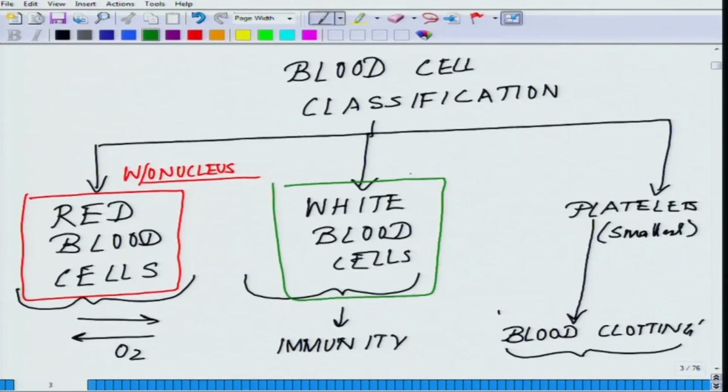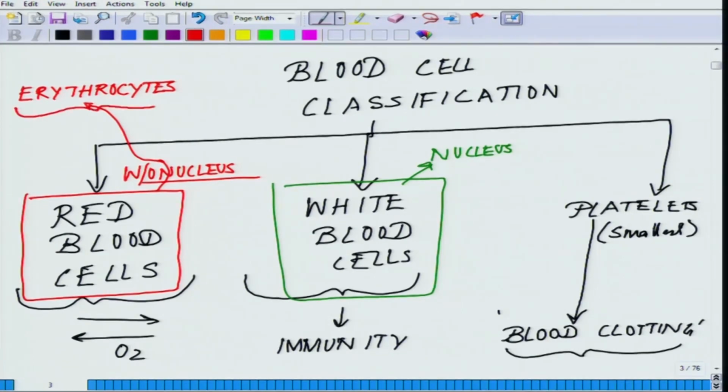These indeed have nucleus, and these white blood cells are also called erythrocyte. Okay. So, what we will do now, we will talk about overall how this.